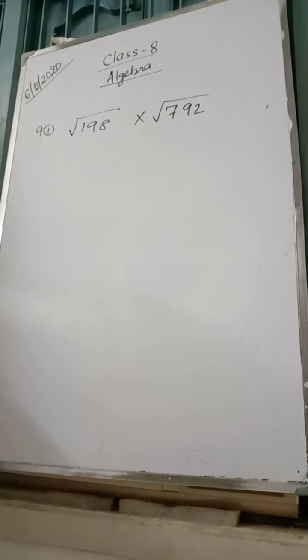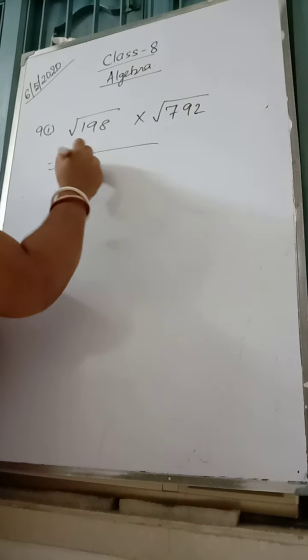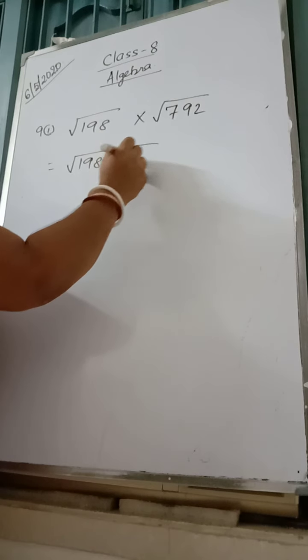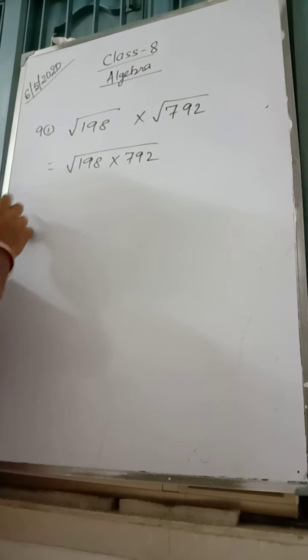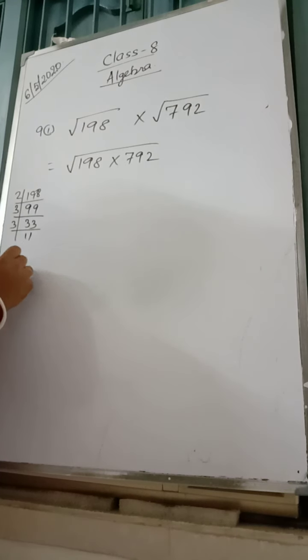Now what we are going to do? We are going to write it together. 198 into 792. Now you get the prime factors of 198. 2 9s are 18, 3 3s are 9, 3 11s are 33.